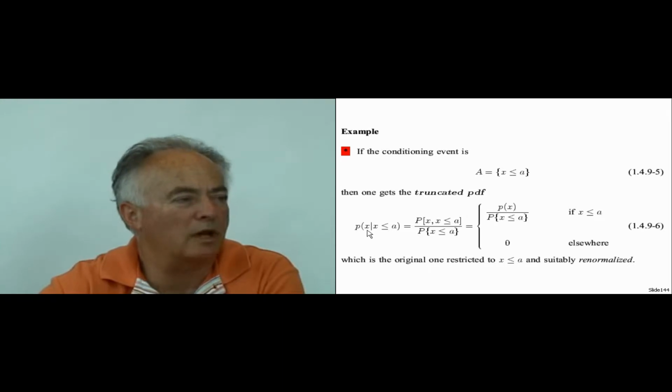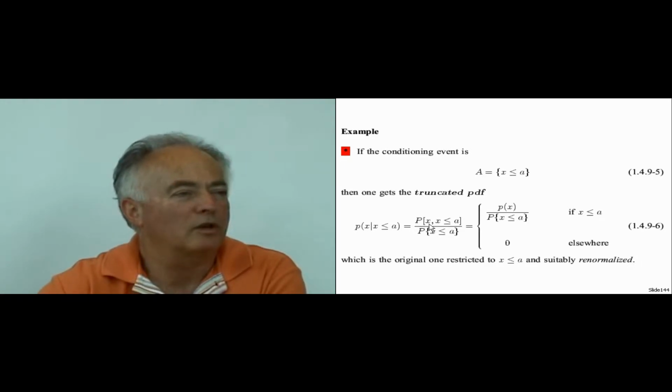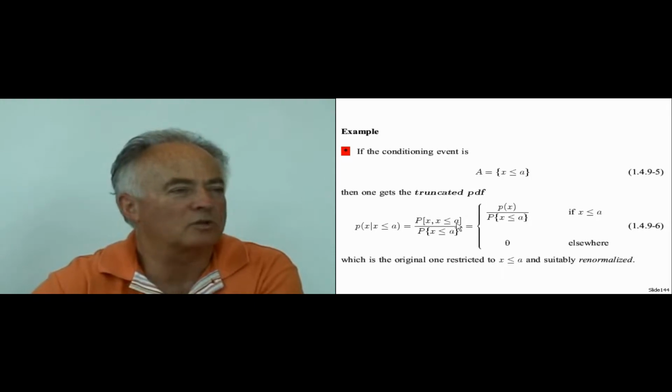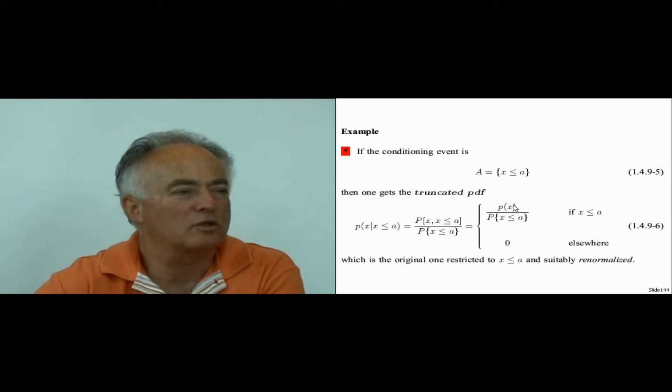That's P of x given x less or equal to a, is the probability of the random variable x and the fact that it is less or equal to a, divided by the probability that it is less or equal to a. This turns out to be the PDF of x divided by the probability that x is less or equal to a, if x is less or equal to a.